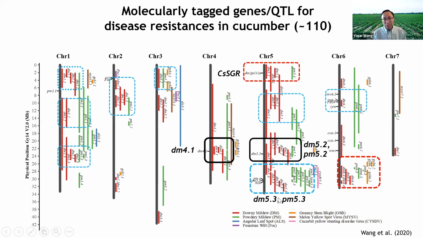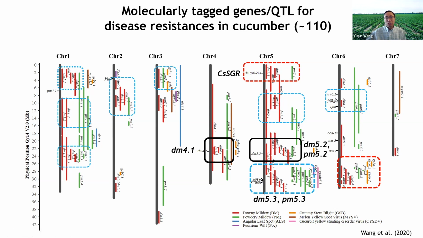The red ones are the intervals of the downy mildew QTL at different locations from different studies, and the green ones are powdery mildew. You can see the majority of the studies focus on QTL mapping of downy mildew and powdery mildew.